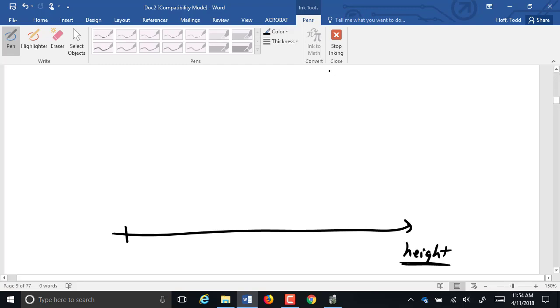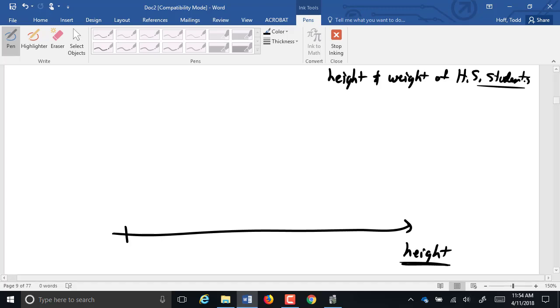Let's say we are looking at comparing height and weight of high school students. In that case, there may be no need to go below 54 inches.